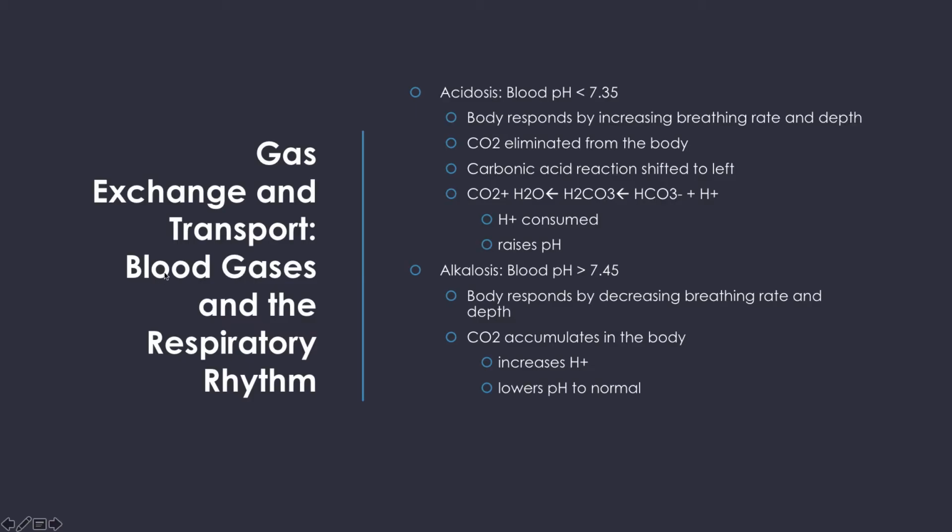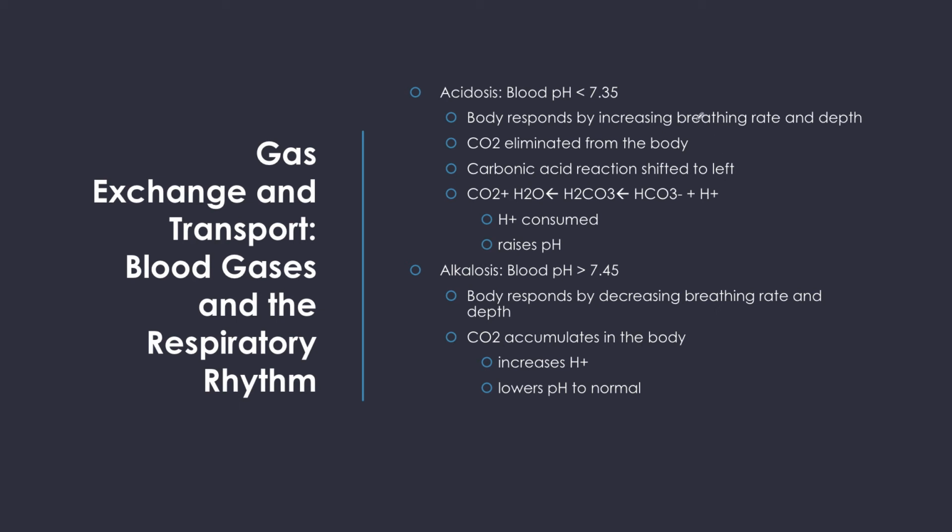Okay, so we know that the blood buffer system comes from carbon dioxide's contribution to the blood and its chemistry. So that gives us some information about how breath rate, so deep breathing and how fast you're breathing, affects blood pH. So acidosis is a blood pH of less than 7.35. And your body responds to acidosis by increasing breathing rate and depth.